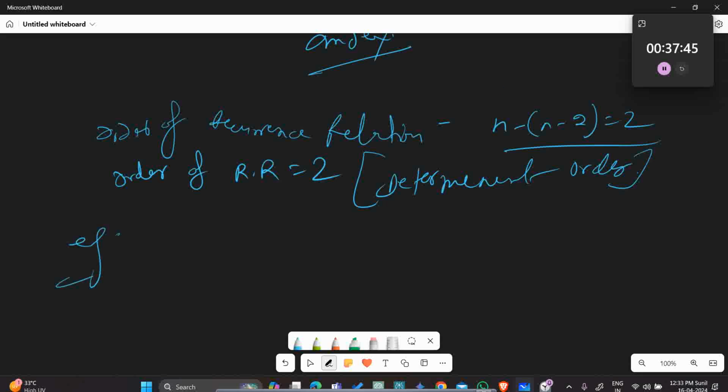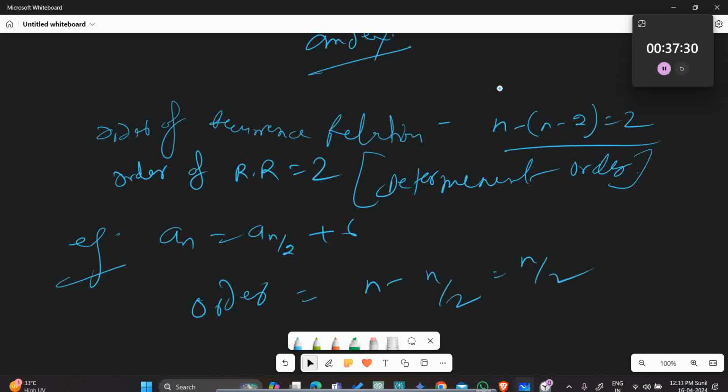For example, with n by 2 plus 6, the order is n minus n by 2, which is equal to n by 2. So it is an indeterminate order.